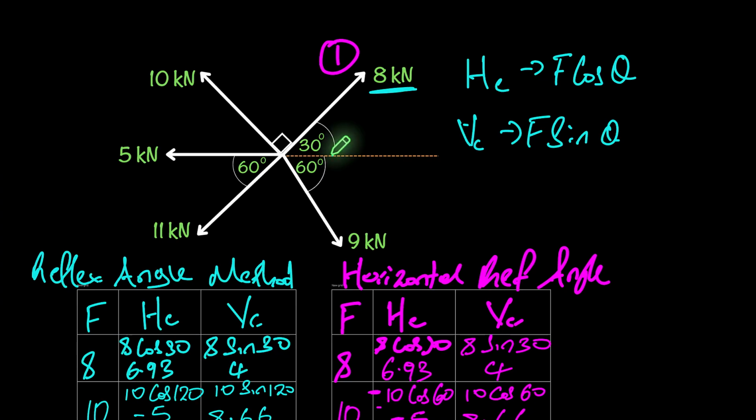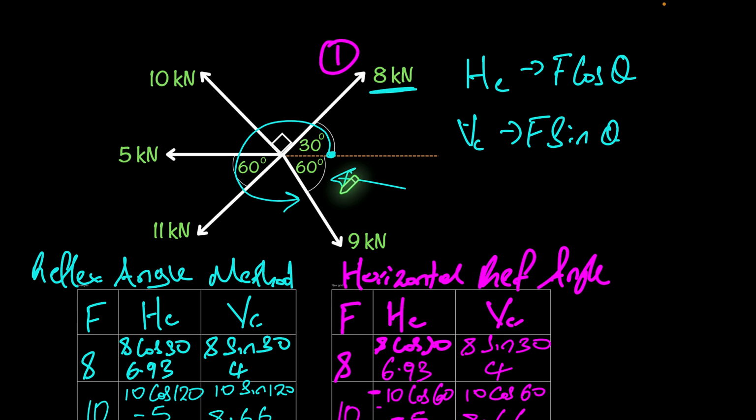It would start from this point here, and because we're going around to the 9 kilonewtons, we'd have to measure all of this angle going all the way around right there. If the angle between here is 60 degrees, then we would expect that everything else would be just 300 degrees. So that's the reflex angle method.